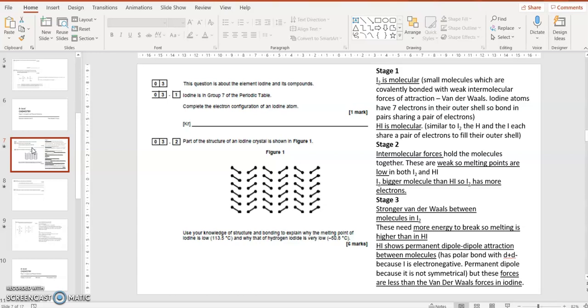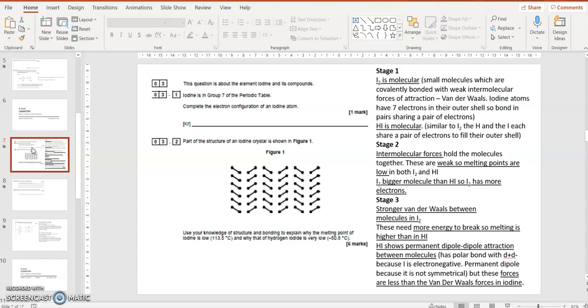If it's got more electrons, it's got more van der Waals bonds, because a van der Waals bond is an attraction between the electrons in one molecule and the protons in the nucleus of another molecule. So because I2 is bigger, it's going to have more van der Waals bonds.